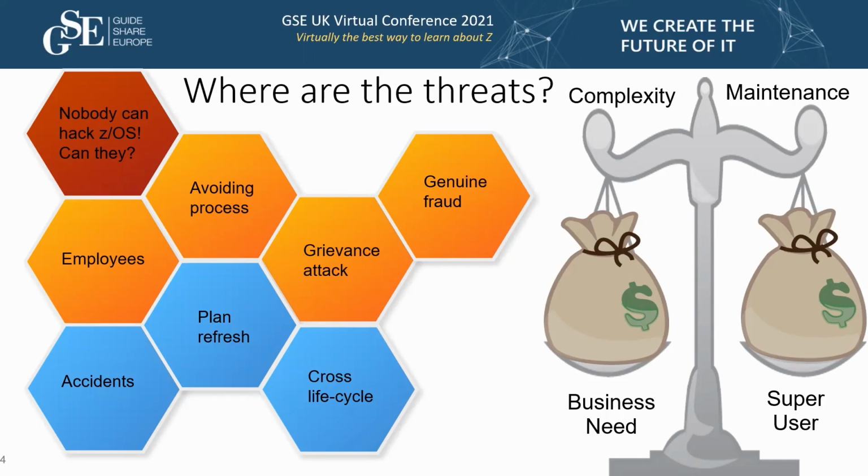But equally, if we're not talking about straight hacking, the things you also might need to worry about are basically your employees. Not necessarily anything deliberate, just protecting themselves from doing things that they shouldn't be doing by accident, or the good old avoiding process. I don't want to raise a change for this, I'll just do it kind of thing.